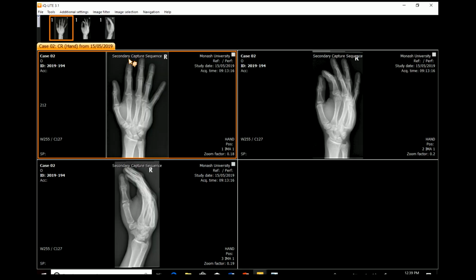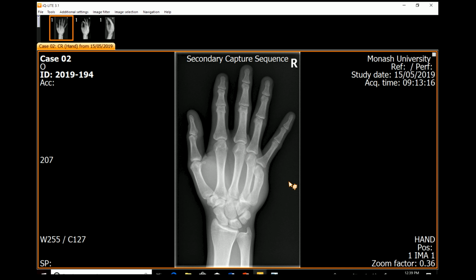So for case 2, the clinical indications is the patient has punched a door and now has pain and swelling over the metacarpals. If we look at this view, it looks like there is foreshortening of the fifth metacarpal, and you would think maybe this could be a boxer's fracture when you see that.